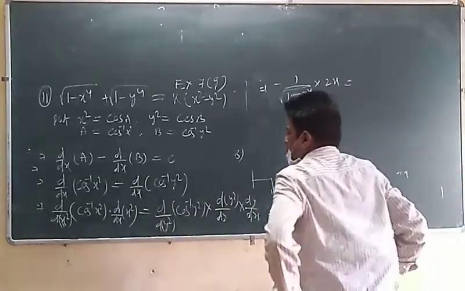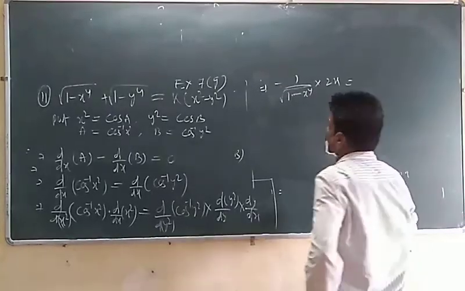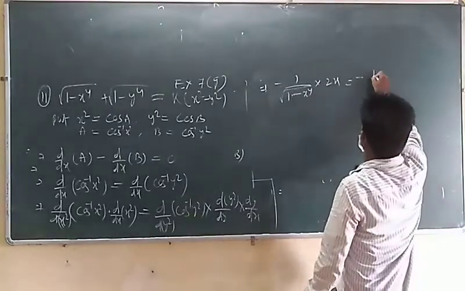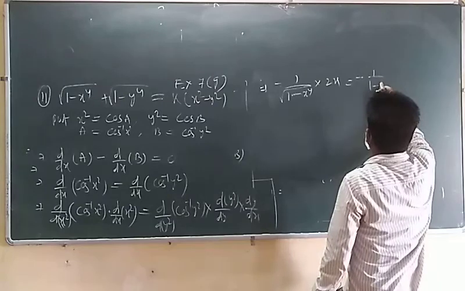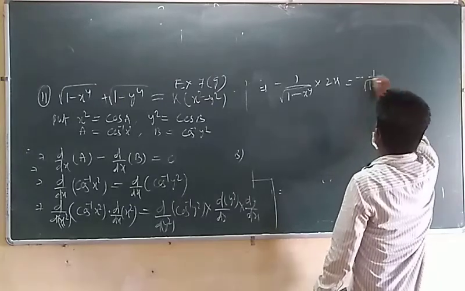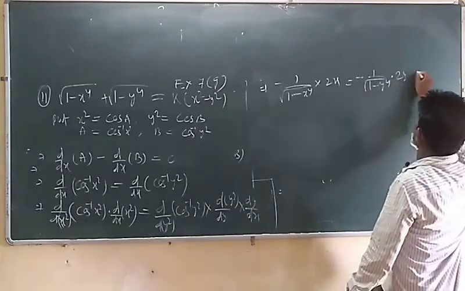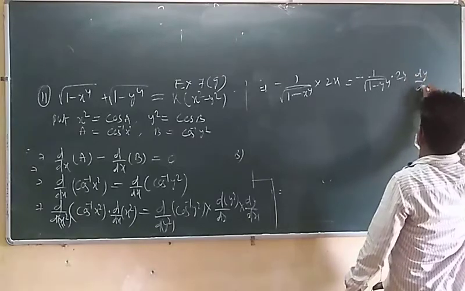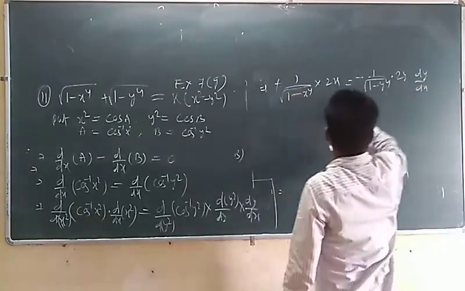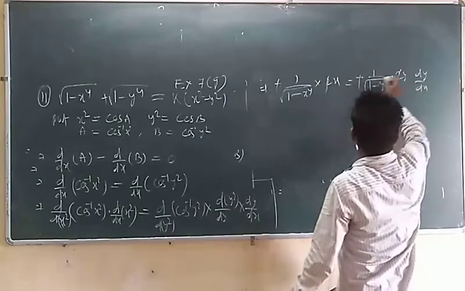Then the right hand side, d by dt of cos inverse y square, is similarly minus 1 by root over 1 minus y fourth into 2y into dy by dx. So taking plus on both sides, and 2 is divided on both sides.